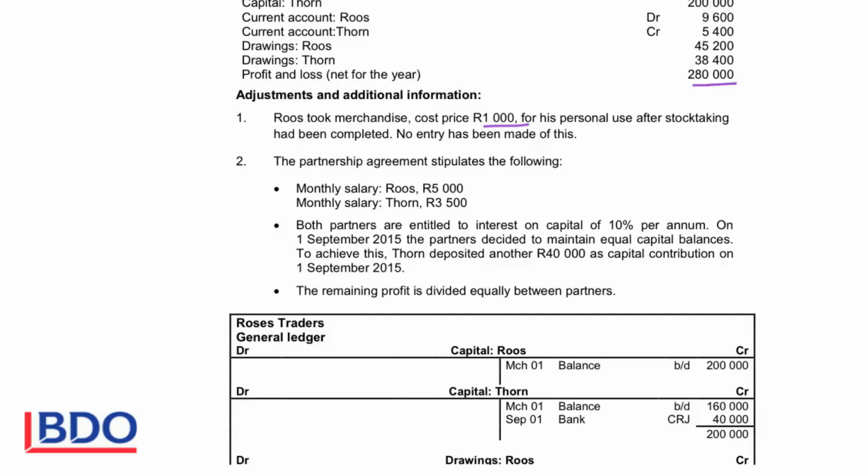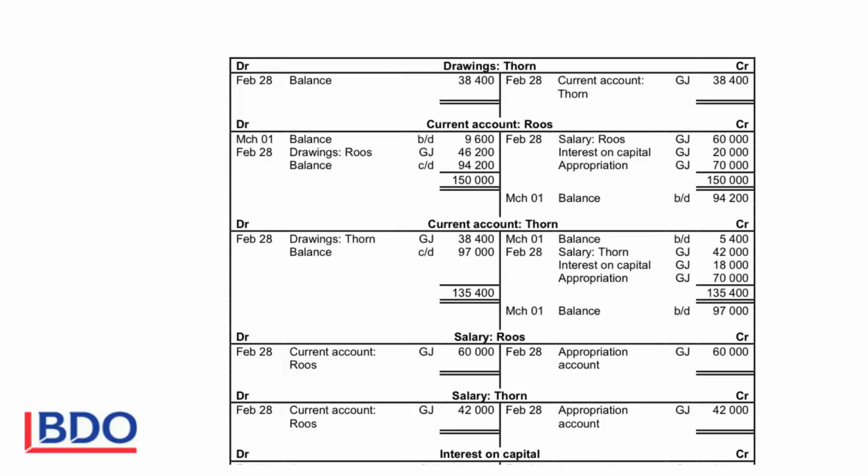The partnership agreement stipulates that Rose will receive a monthly salary of 5,000 times 12 to determine the annual salary, and Thorn will receive a salary of 3,500 per month times 12 months. The first entry that we will be completing is the adjustment to increase the expense account and indicate that the money is owed to the partners, crediting the current account.